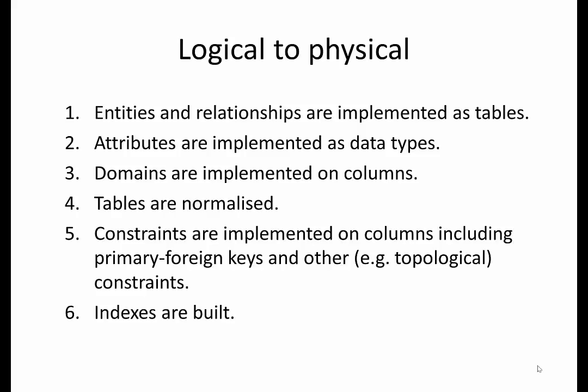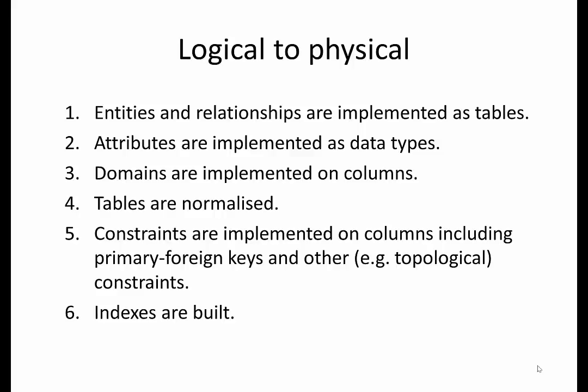Well, this is just a list of the sorts of things that need to be done. Entities and relationships are implemented as tables. So you have to take your entities and your relationships in your ER diagram and expand them up into tables, or blow them apart into tables, depending on which way you want to look at it. Because an entity in an ER diagram, or a relationship, particularly relationships but also some entities, in fact needs to be implemented as multiple tables.